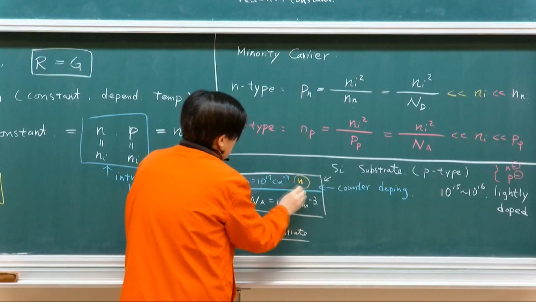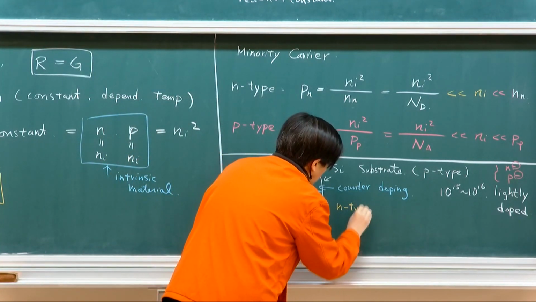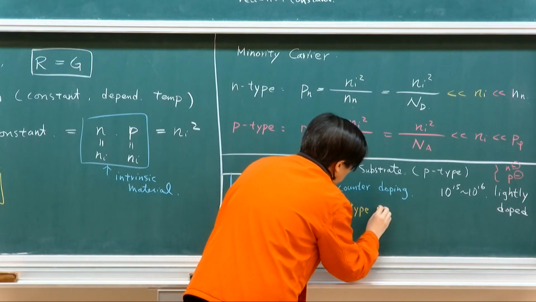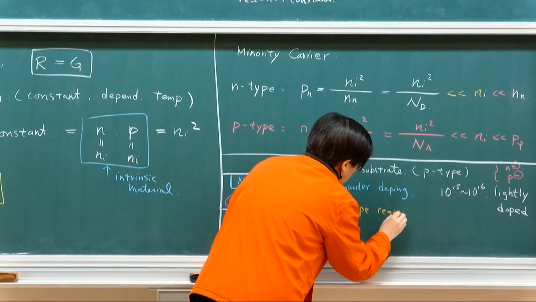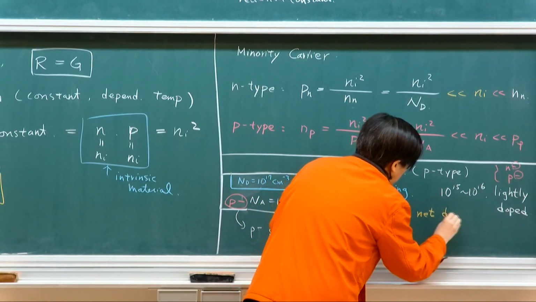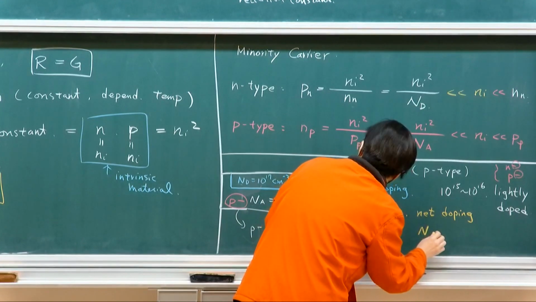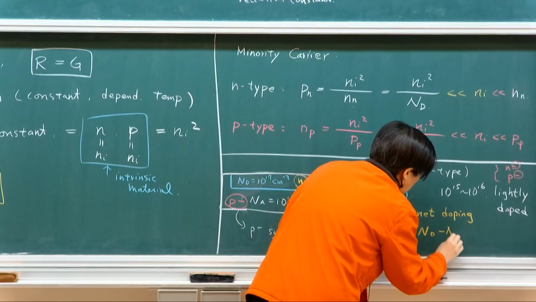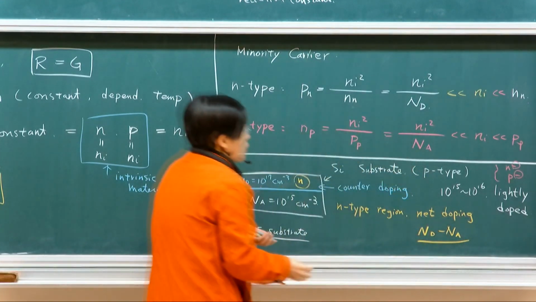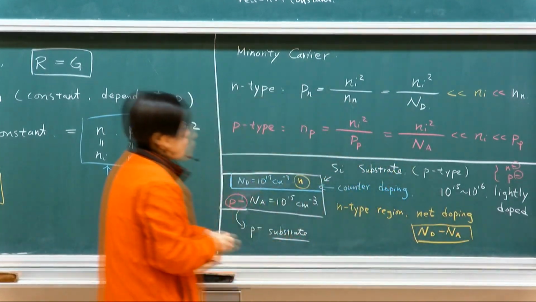In this counter-doped N-type region, the net doping will then become Nd minus Na. So you have a net doping of Nd minus Na.